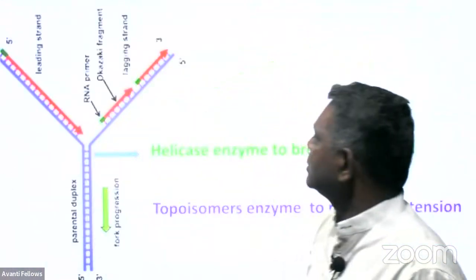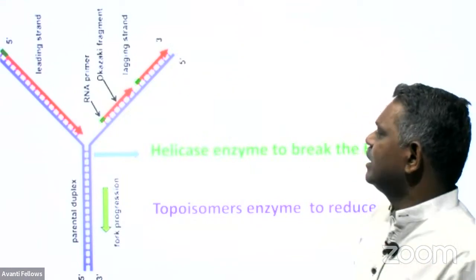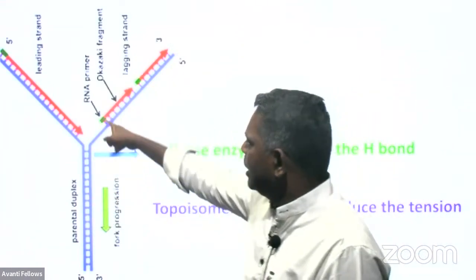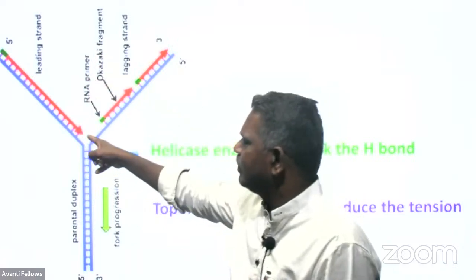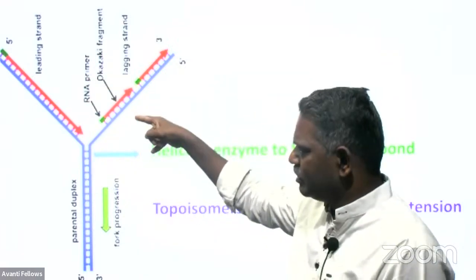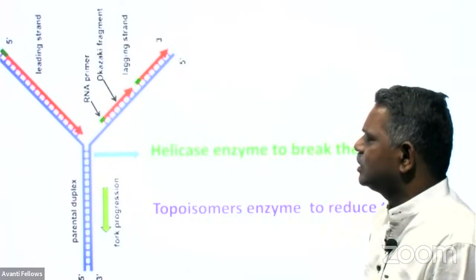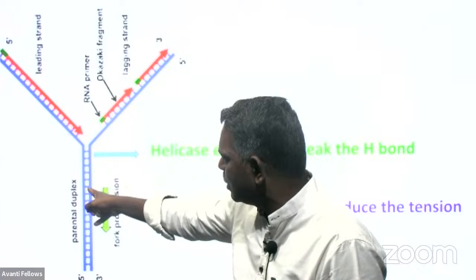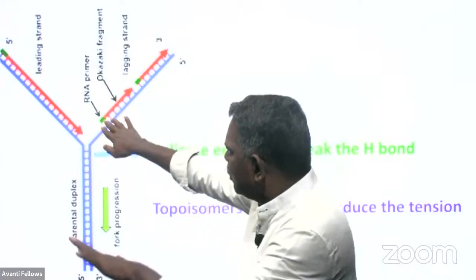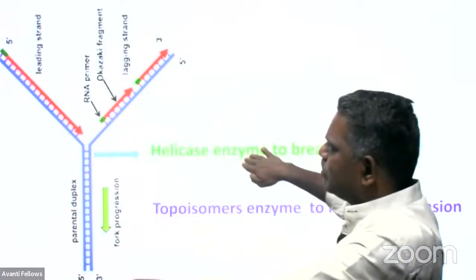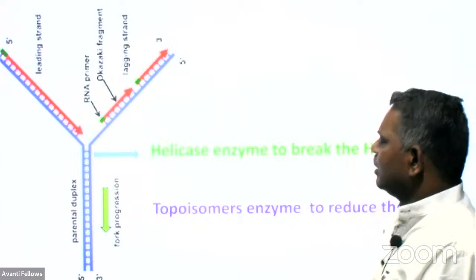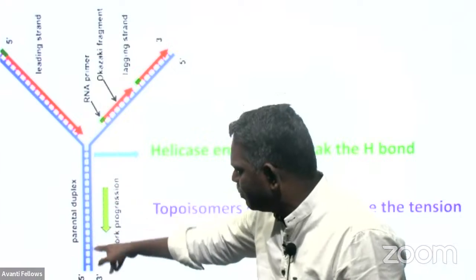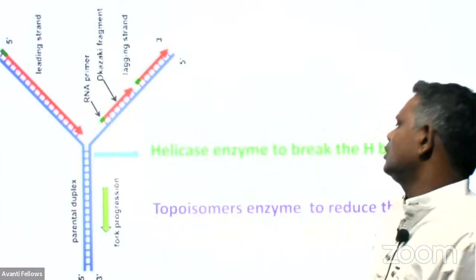You can find the separation of the DNA strands, and this is the double-stranded DNA, and this is the site of the ori site where the process of replication originates. And the helicase enzyme breaks all the hydrogen bonds. After breaking the hydrogen bond, naturally these two strands separate from each other. And this repulsion of these two strands creates a lot of pressure here, a lot of tension here.